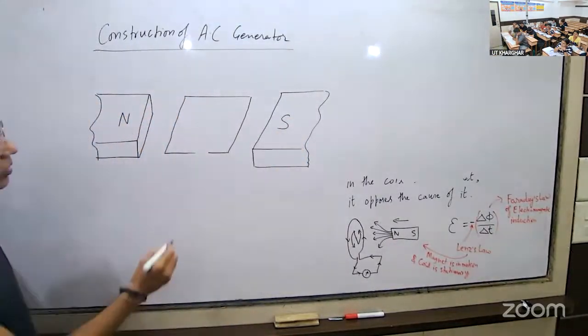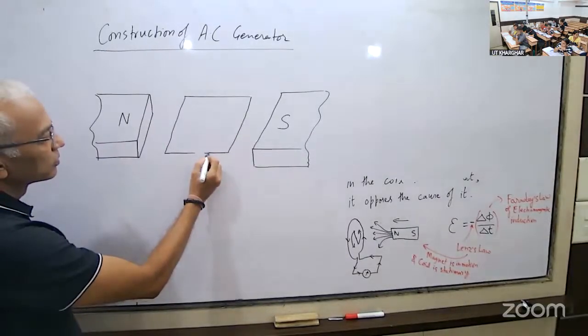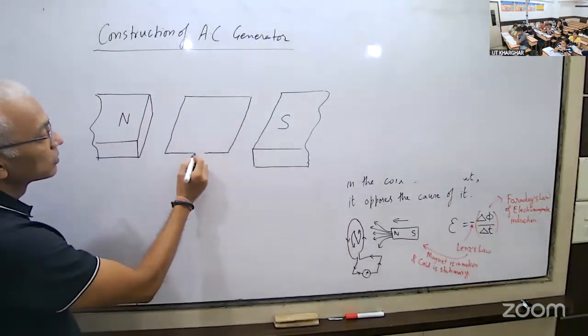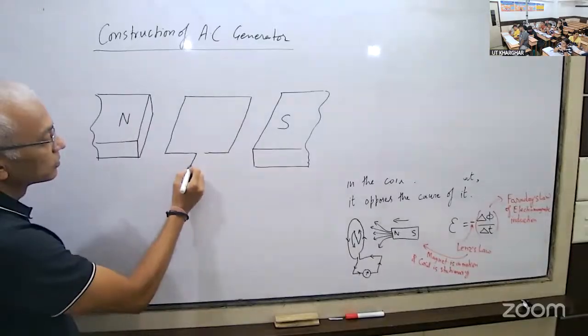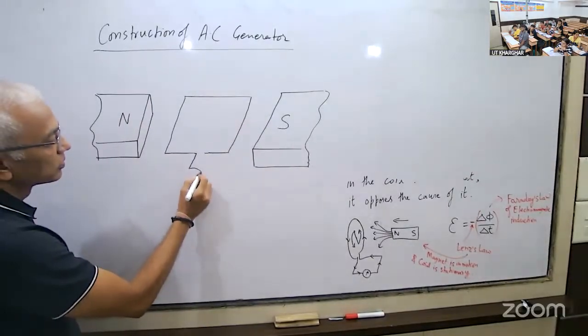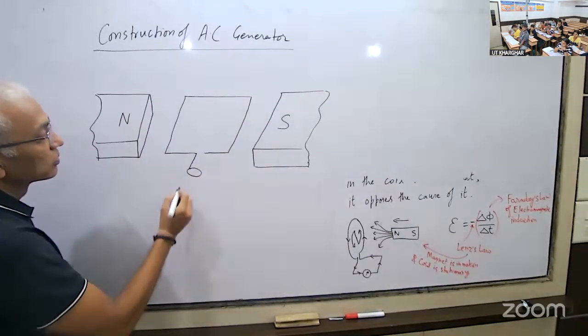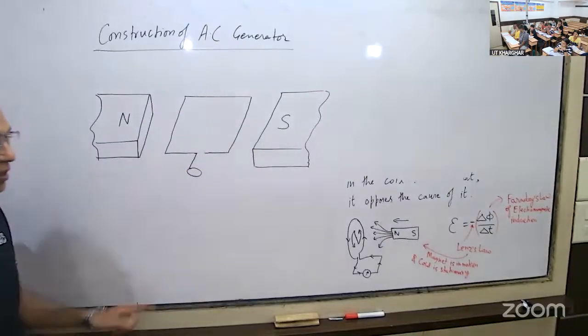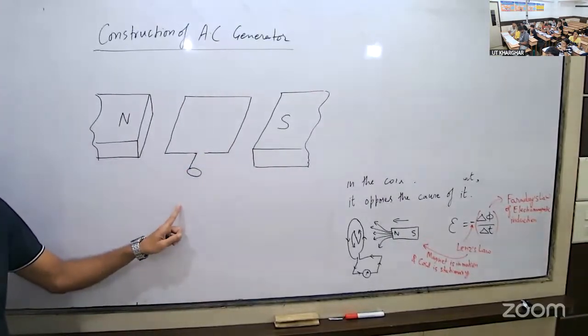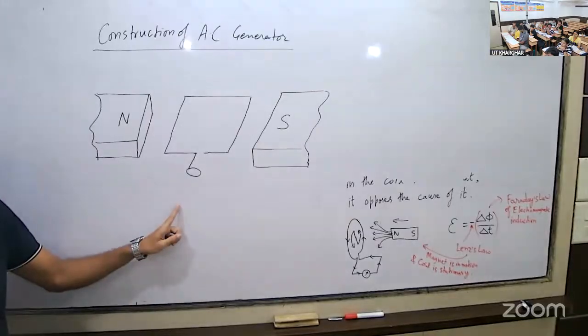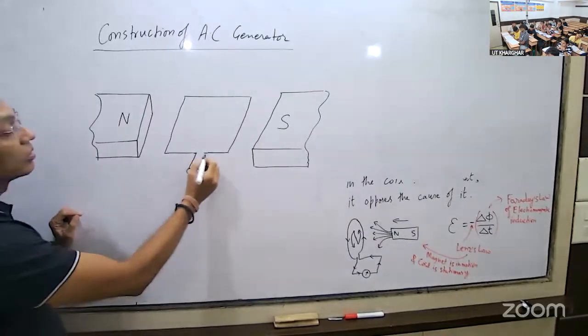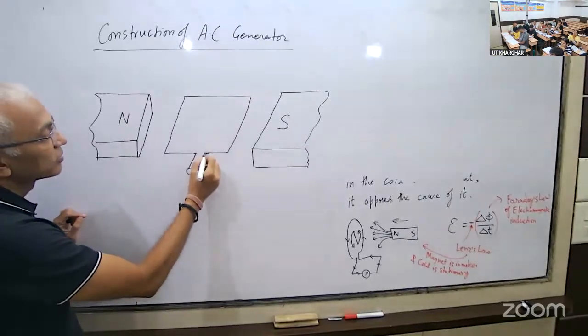Again, now here you had used split ring, right? Only one split ring was used in case of DC motor. Now here you will use 2 rings.